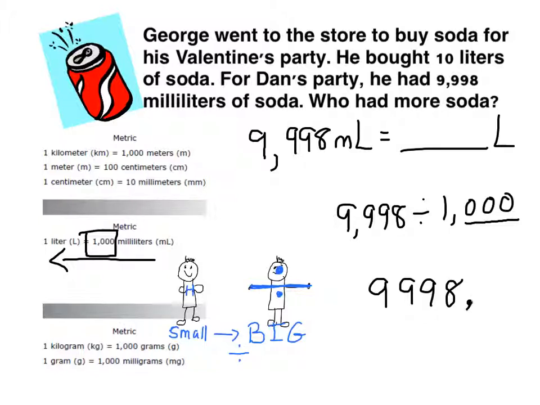So we see that we have 9 and 998 thousandths of a liter. So when we compare that to George's liters, he has 10, and 10 is going to be a bigger amount than 9 and 998 thousandths of a liter.